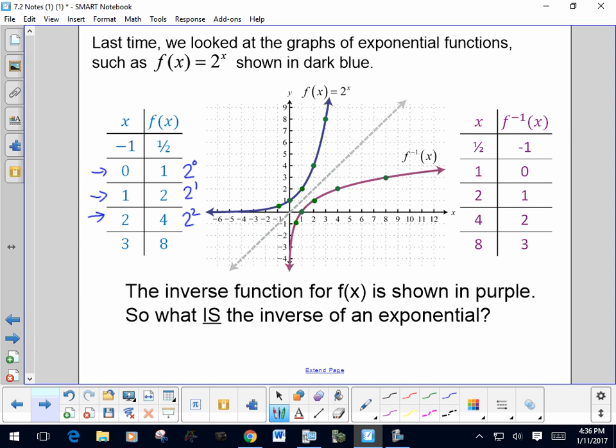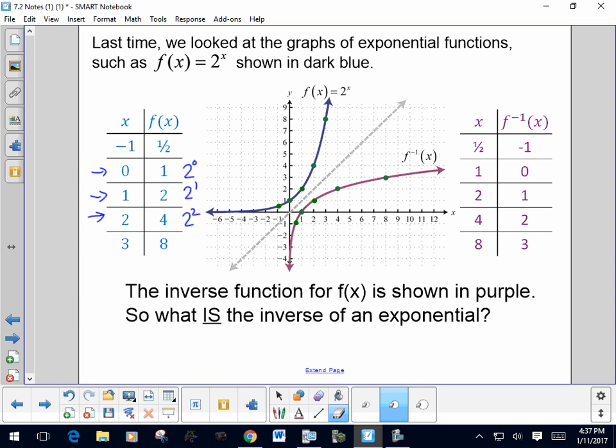Well, if I reflect it and look at this inverse function, f inverse of x, you can see the shape of that graph. And if you remember back to when we talked about inverses, the table of f inverse of x switches the x and y values. So for f inverse of x, if we put 1/2 into the function, we get the answer -1.